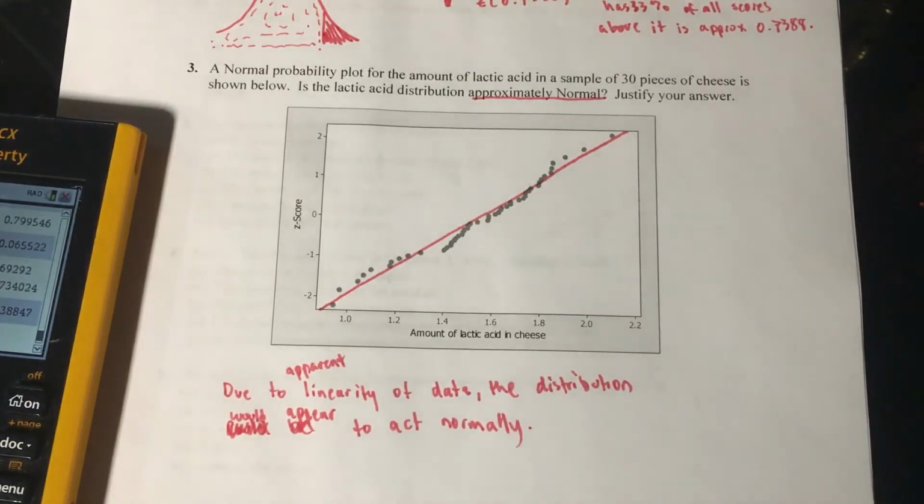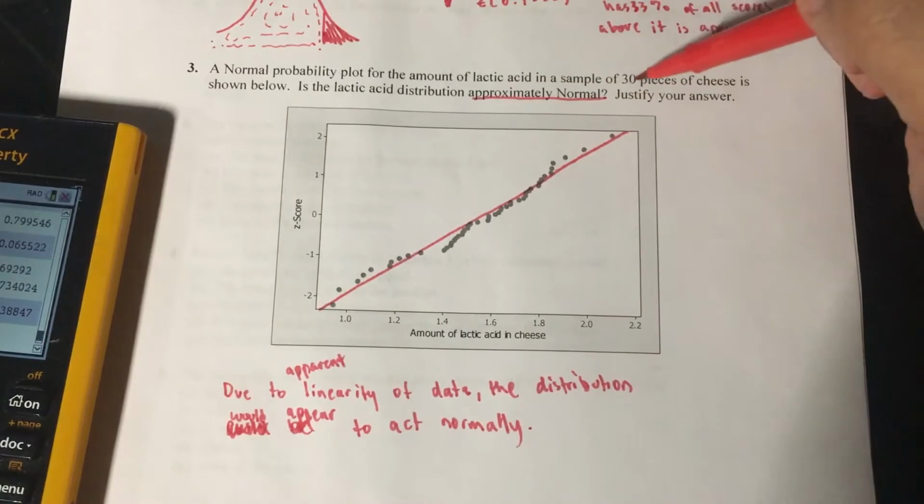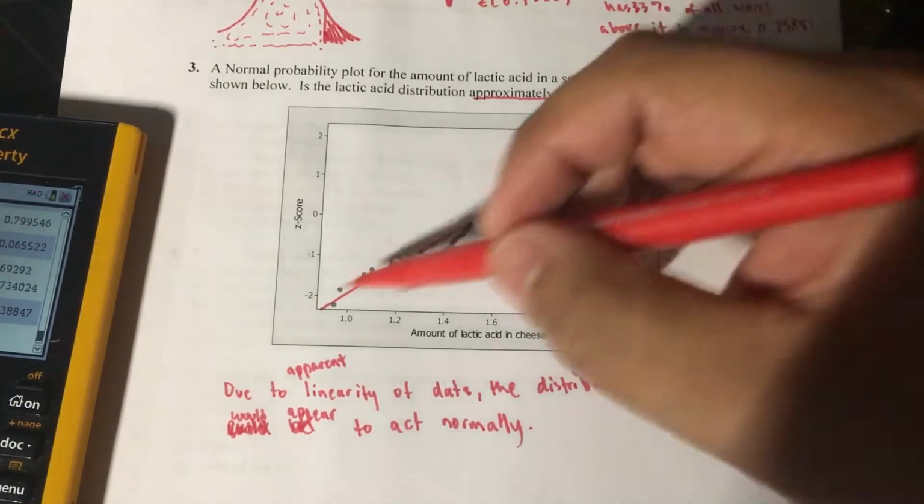Again, guys, anything else I could have asked here: they said there were 30 pieces of cheese, so 30 samples.